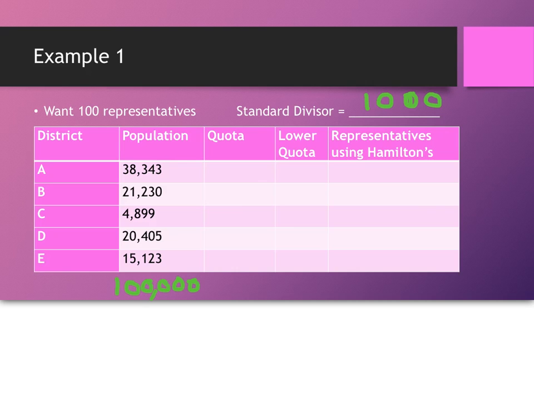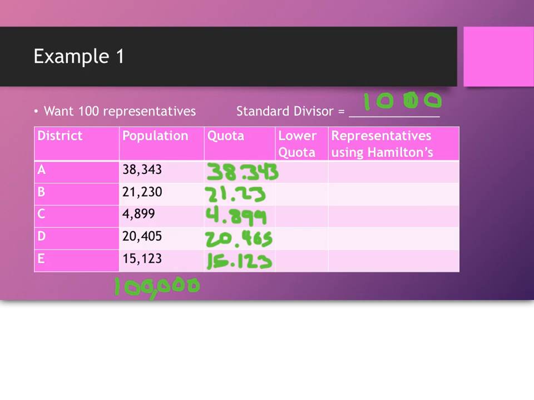So each of these districts, we give the quota. So we have 38.343 when we round it. We have 21.23, 4.899, 20.405, 15.123.